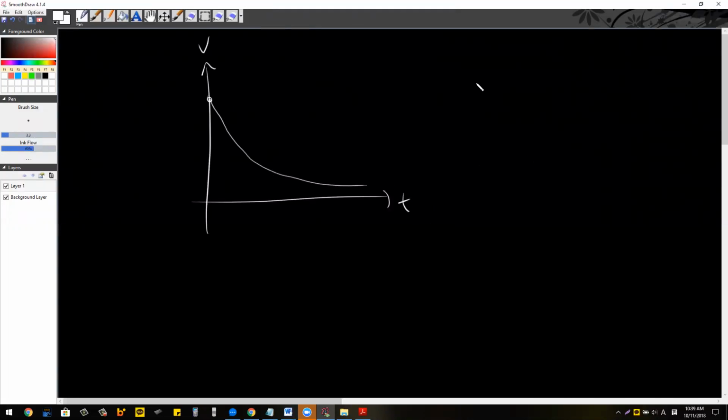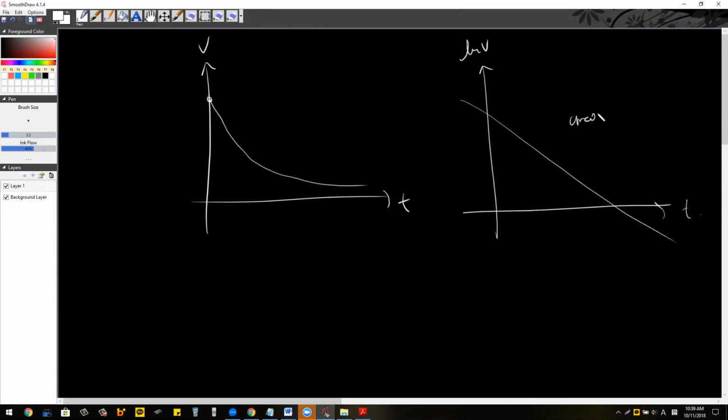Then if you do the natural log of V versus time, I think this is what we did in class, then you get some gradient like this. You figure out the gradient.